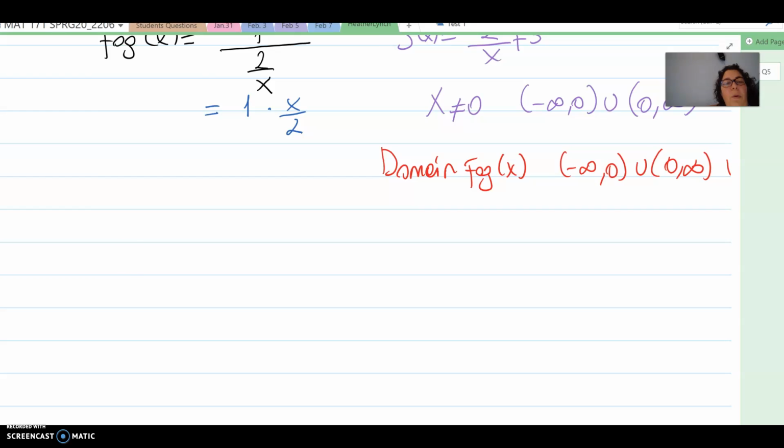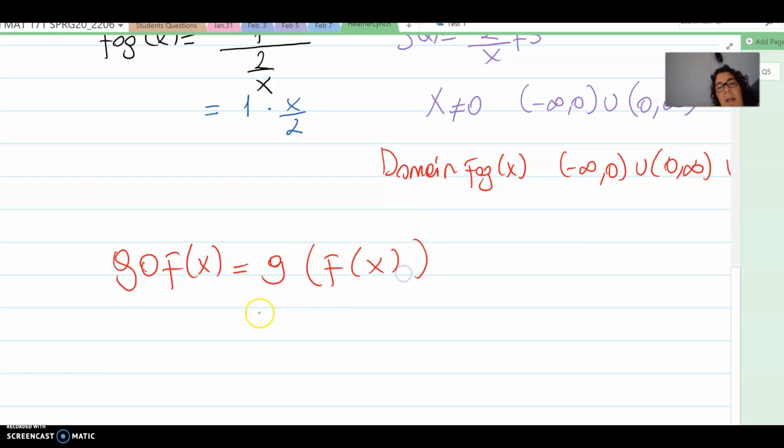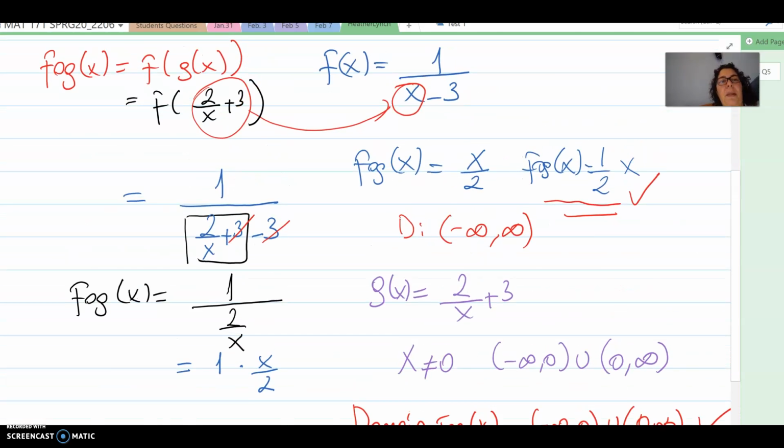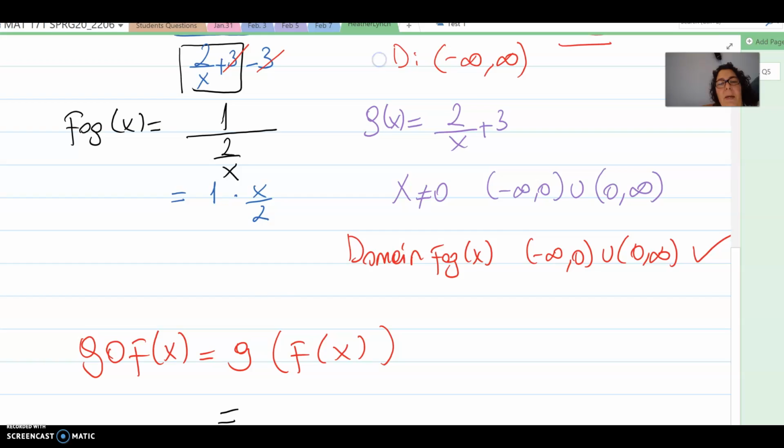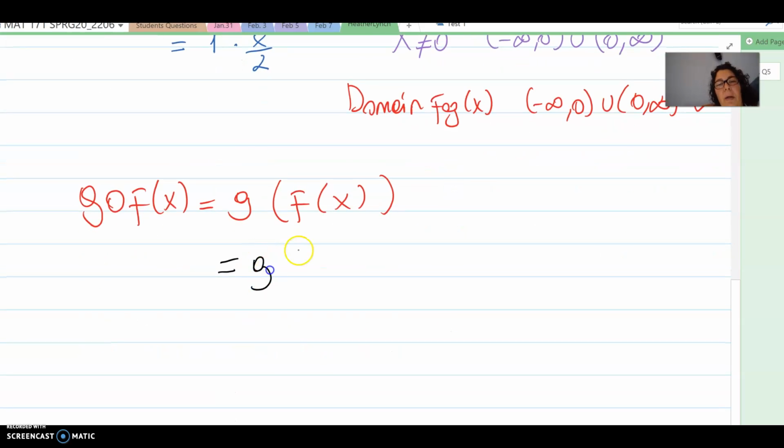Okay, so g of f of x will be, this time g will be out, f will be in, and the f of x function was 1 over x minus 3, so 1 over x minus 3. Okay, what does g of x do?